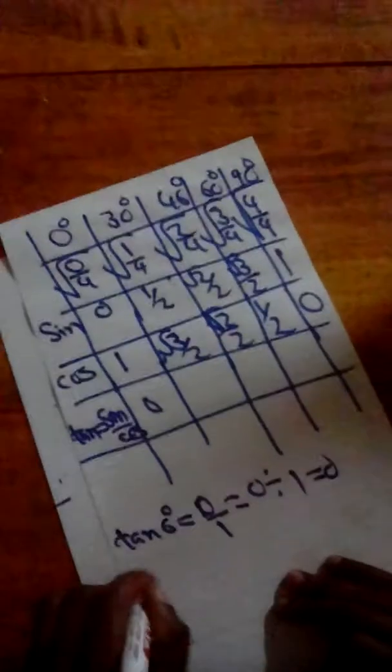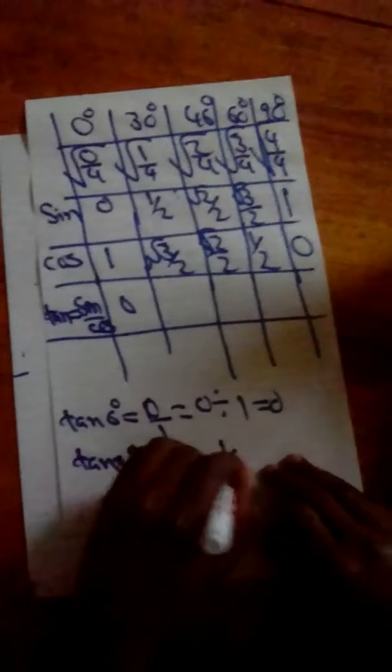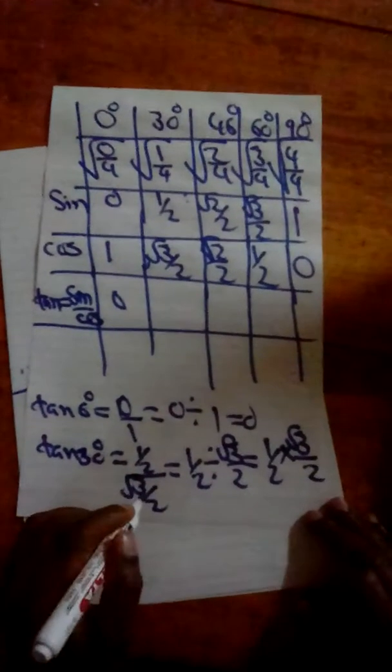And this one will be the tangent of angle 30 degrees, which is 1 over 2 divided by square root of 3 over 2. This is 1 over 2 times 2 over the square root of 3.